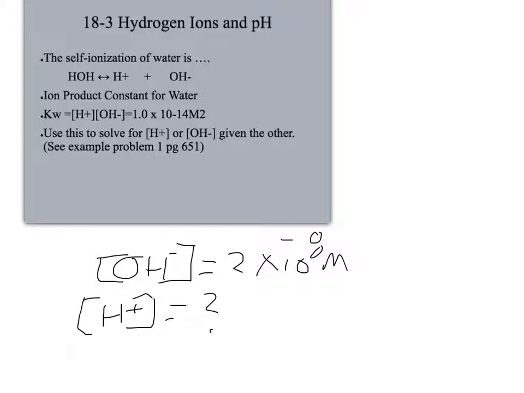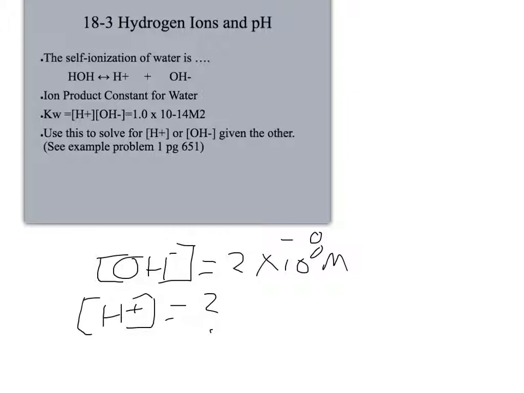Okay, so we would use this equation, the one right up here that says Kw equals H times OH. Remember that the brackets mean moles per liter, equal to 1 times 10 to the negative 14th molarity squared.